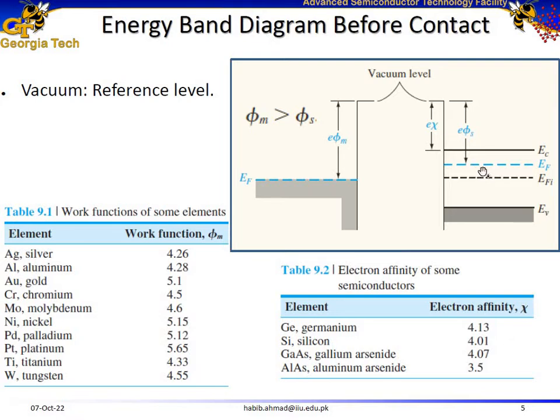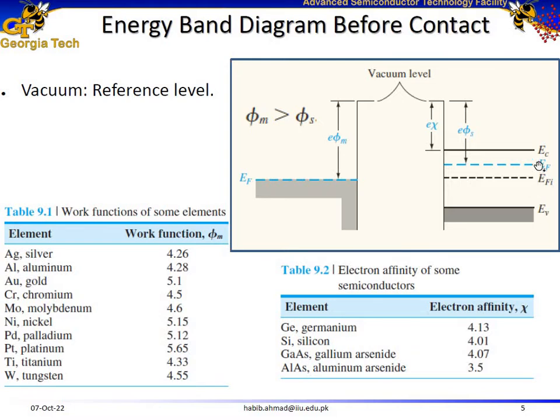Okay, how about the Fermi level of a semiconductor? Can we change the Fermi level of a semiconductor? We have that capability, right? We can do that by just doping. If we dope it p-type, the Fermi level is going to get closer to the valence band.